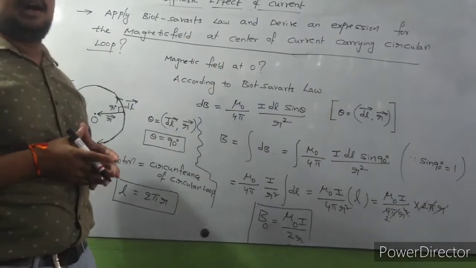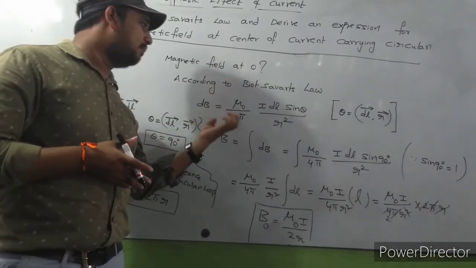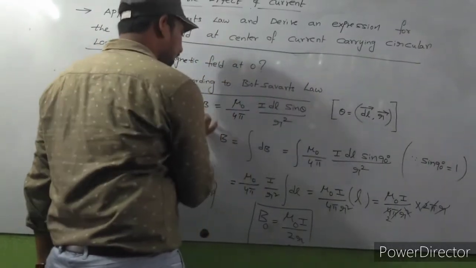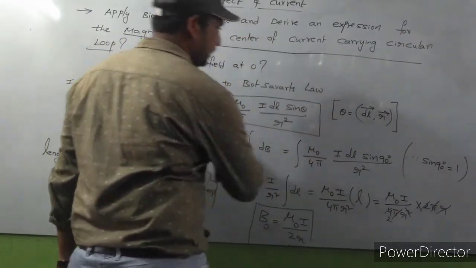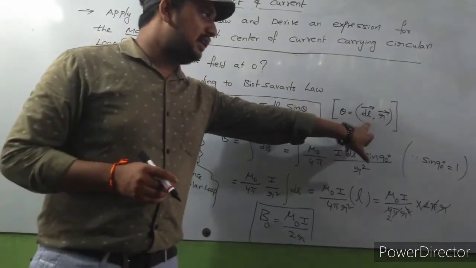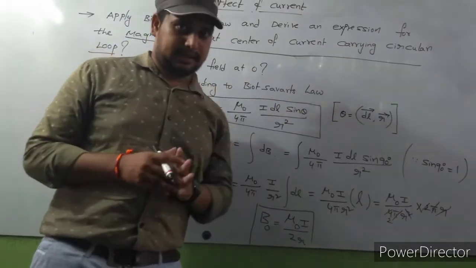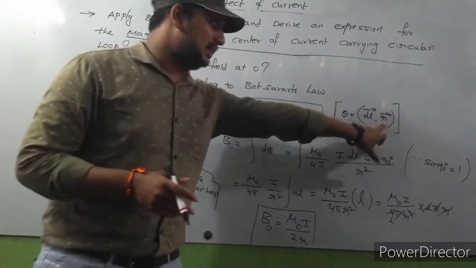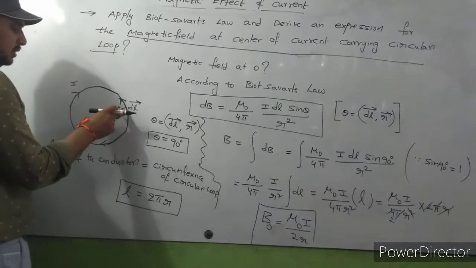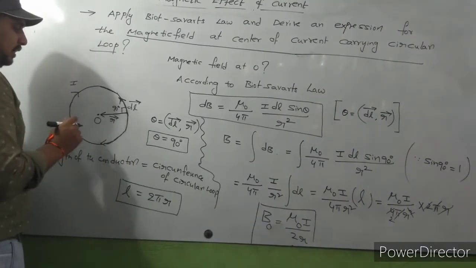According to Biot-Savart's law, dB is equal to μ0/4π into I dl sin θ by r squared. This is Biot-Savart's law. Here theta means the angle between the dl vector and the r vector. Here r is nothing but the radius vector or position vector.